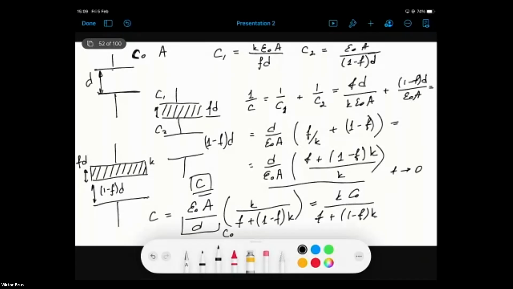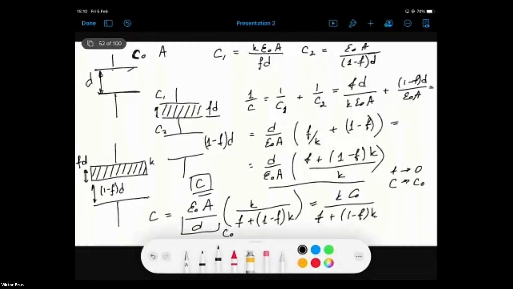It will be just C0. So capacitance will approach C0, and that's natural because if we set the thickness of the dielectric close to 0, then it will approach the initial condition when we have empty space between the parallel plates.